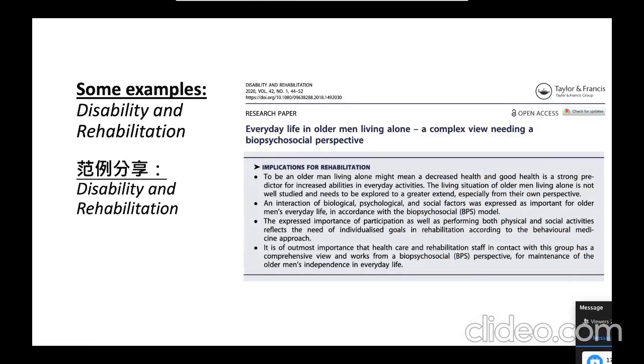So highlights can help. Many research papers have them. This is one of the articles that I edit for and manage as an editor, Disability and Rehabilitation, a Taylor and Francis journal: implications for the journal, the main take-home messages of this particular paper, the main conclusions, the main messages.